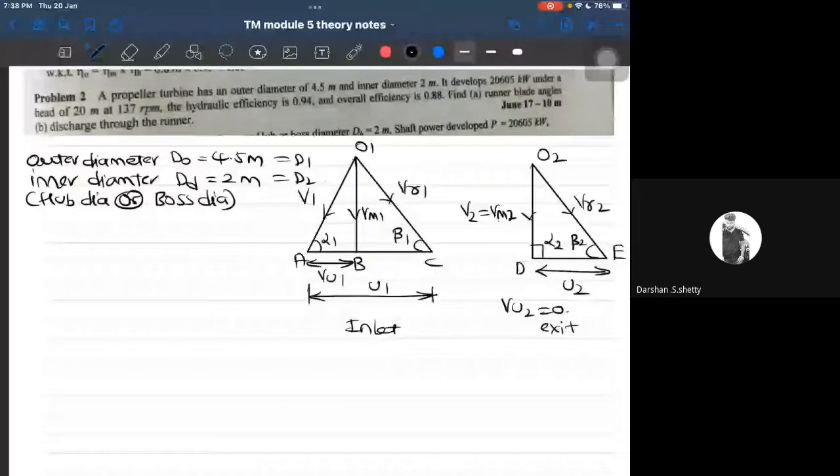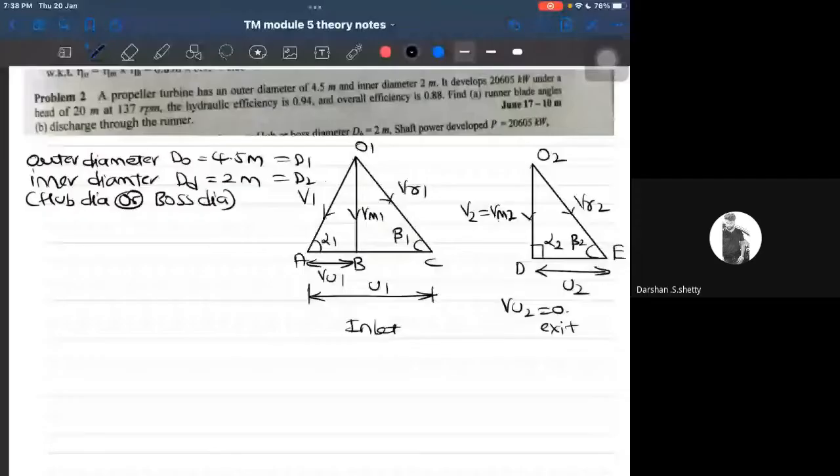It develops the power of 20605 kilowatts and a head of 20 meters at a speed of 137 rpm. Hydraulic efficiency is 0.94. Overall efficiency is 0.88.